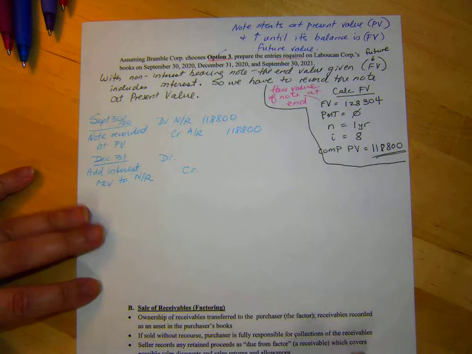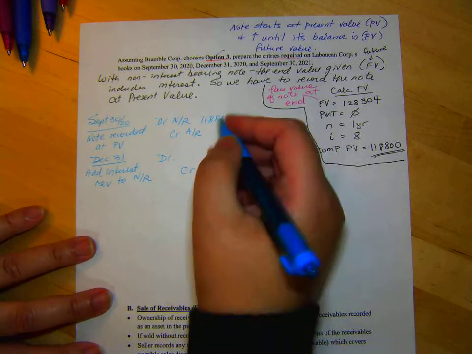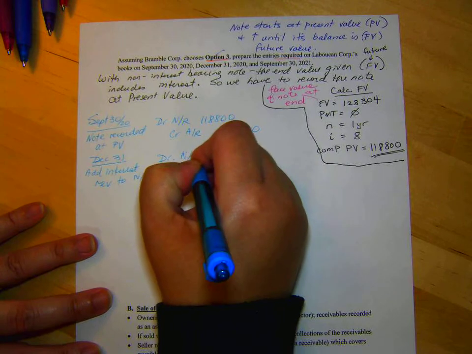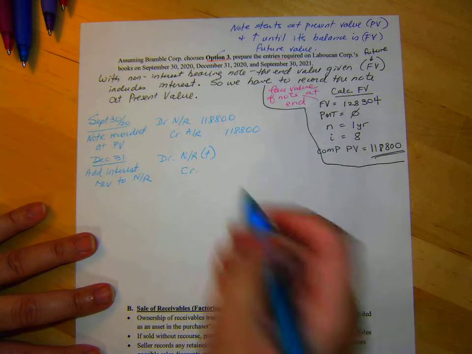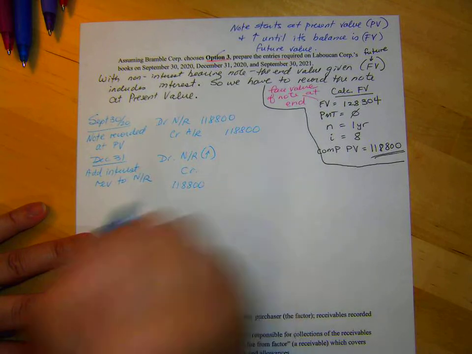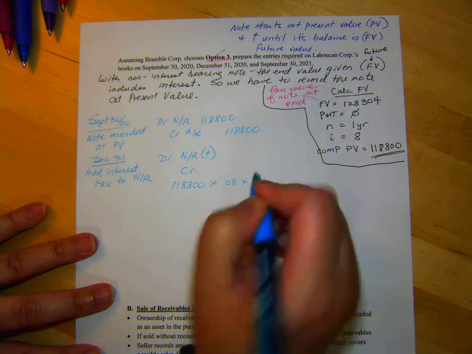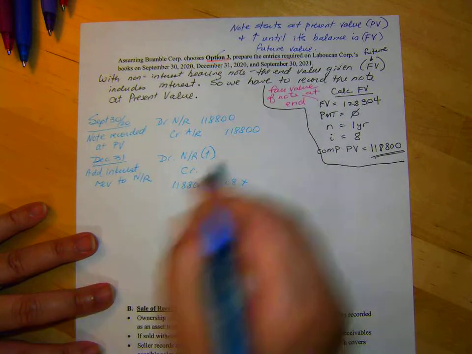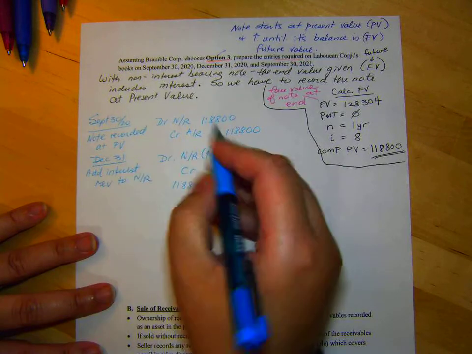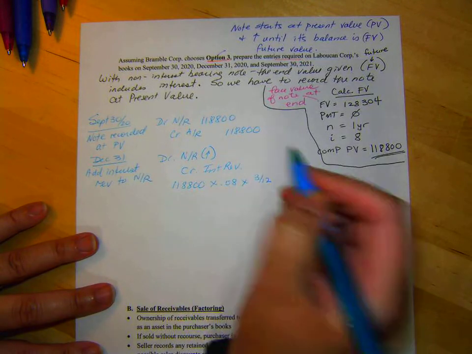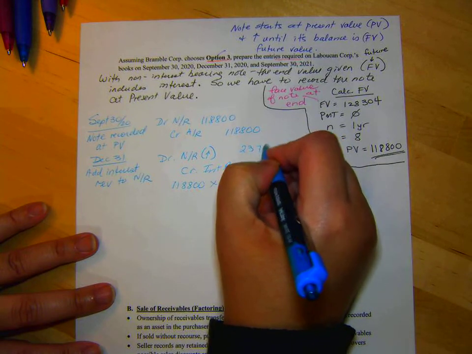So how do we increase the note, a debit or a credit? A debit. So we're going to increase the note, that's what we want to do. By how much? Well, we know it's 118,800 is our present value. Our interest rate is 0.08, and how many months have gone by? 3/12. And so that's our interest revenue. And that equals $23.76.